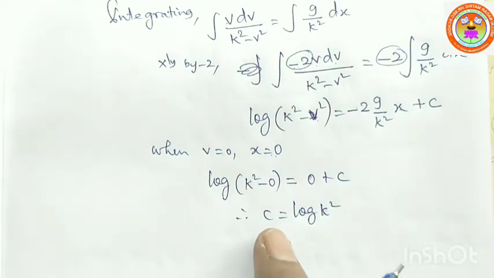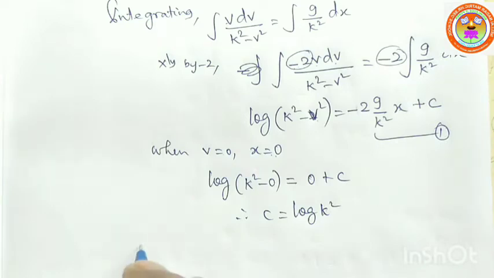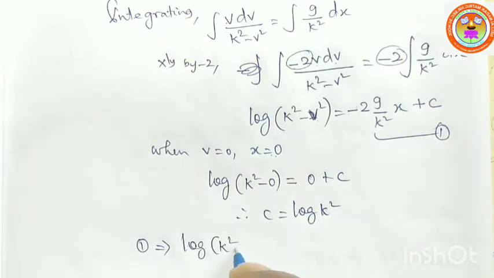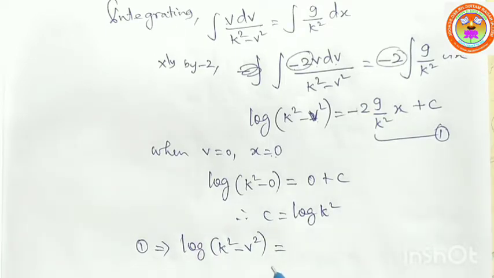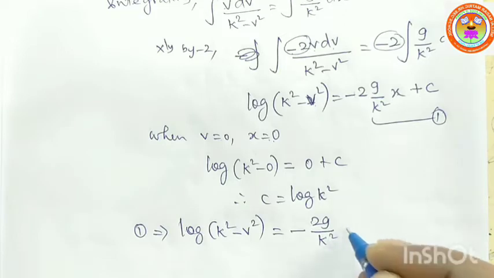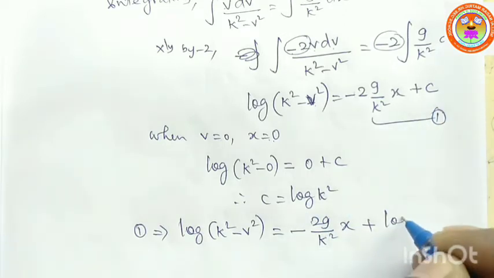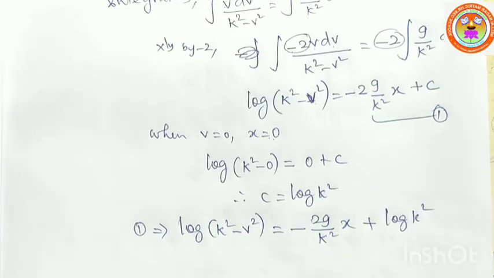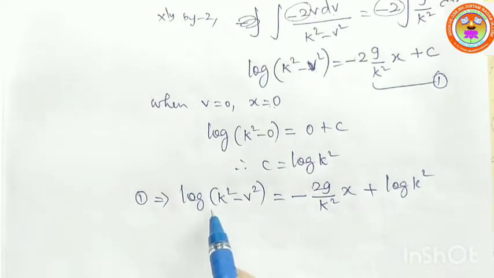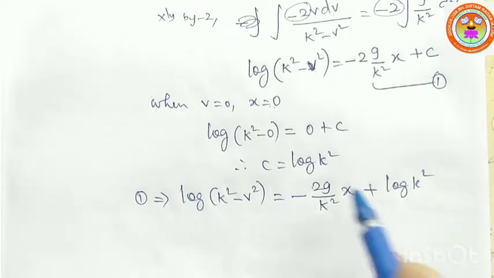Apply the constant term c in this equation 1. It will become log of k square minus b square is equal to minus 2g by k square into x plus c. C means log of k square. See, in left hand side one log term, in right hand side also one log term. So we can keep the log terms together.